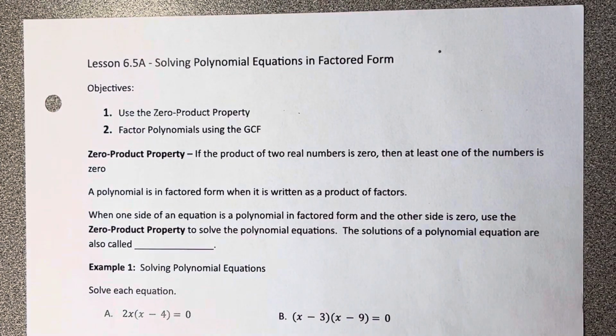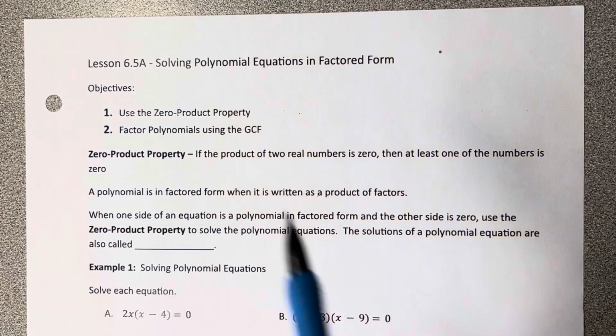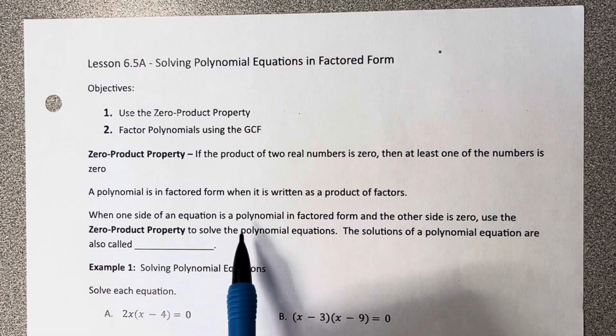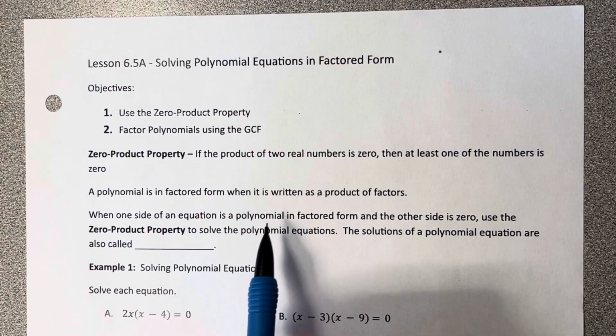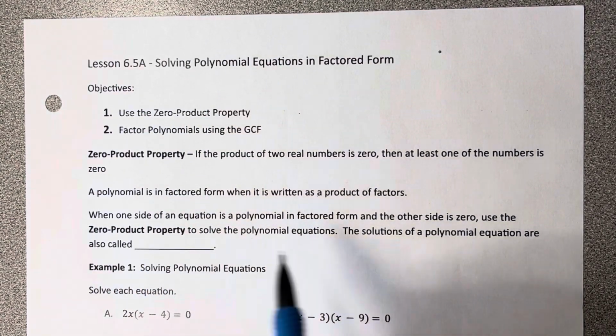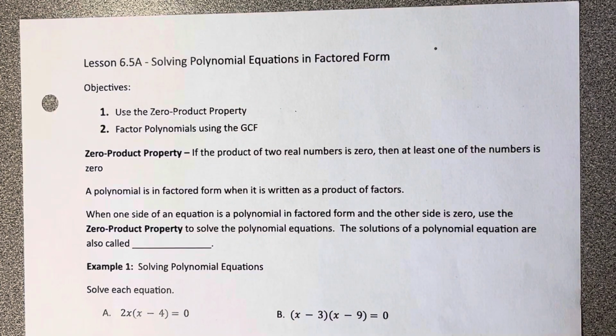What we're going to be doing is getting polynomials that are in factored form, and then we're going to be able to solve with them. When one side of an equation is a polynomial in factored form and the other side is 0, use the zero product property to solve the polynomial equations.